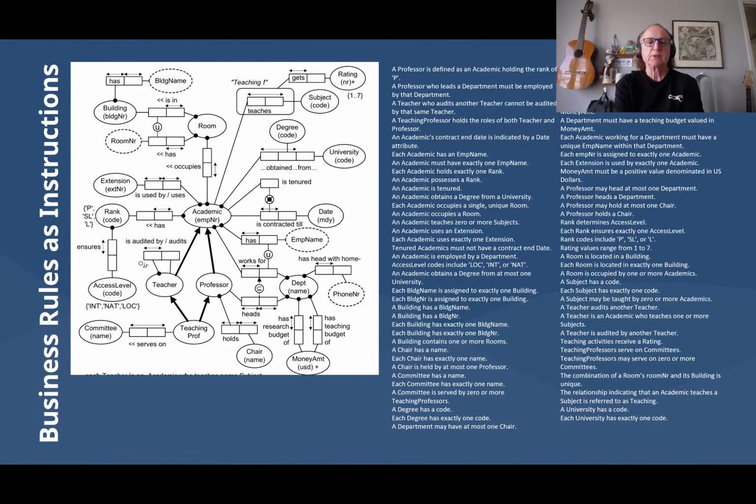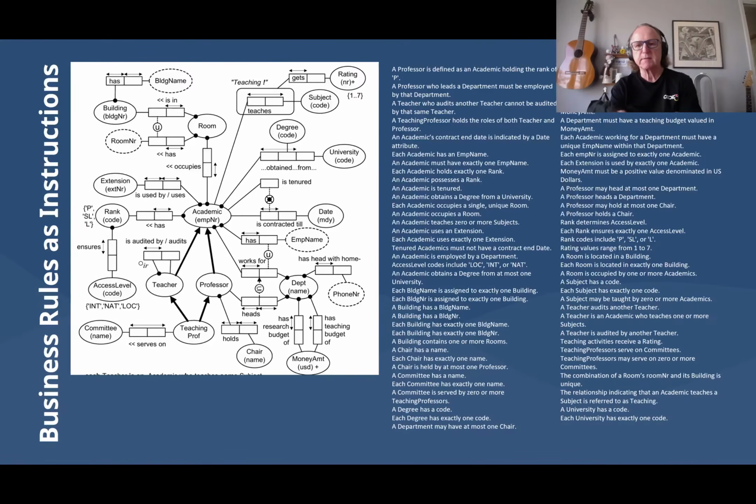So you can project these diagrams onto database structures and class diagrams, and we'll talk a little later about how to project them against a user interface. They're also both visual and textual. If you look on the left, the diagrams are verbalized in the business rules on the right.